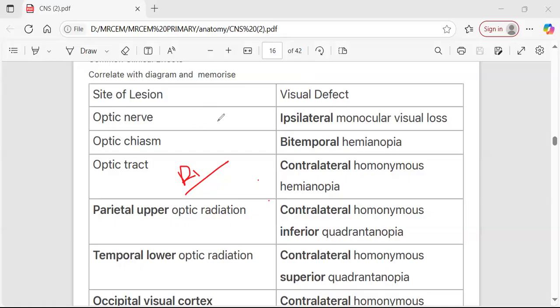Okay, so it will be right temporal and left nasal. Always remember, because nasal fibers are decussating and crossing over.